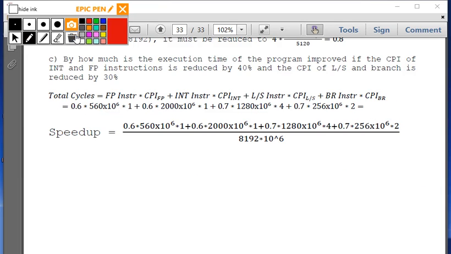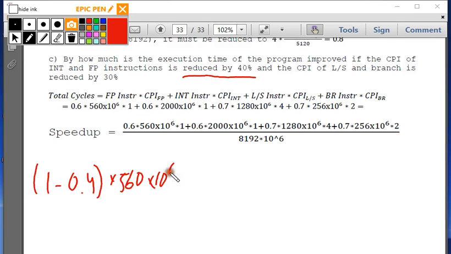So the total cycles. For floating point, we have 560 times 10 to the 6 times 1, right? So we've reduced by 40%. That means we still have 60% of the instructions, right? So if it's reduced, this becomes 1 minus 0.4 times 560 times 10 to the 6 times 1.